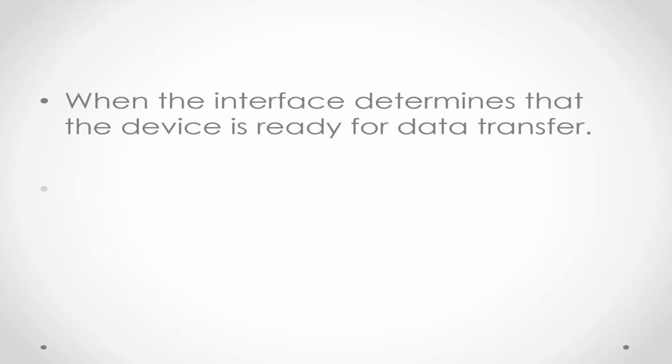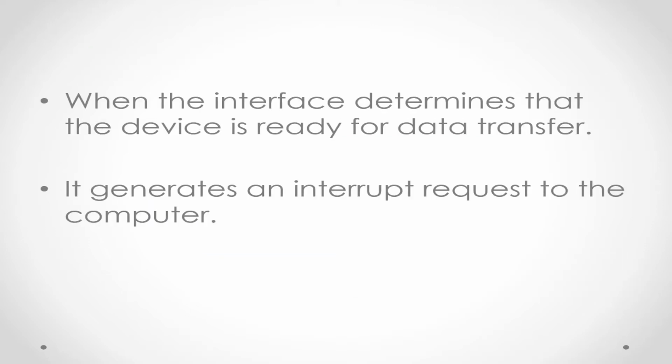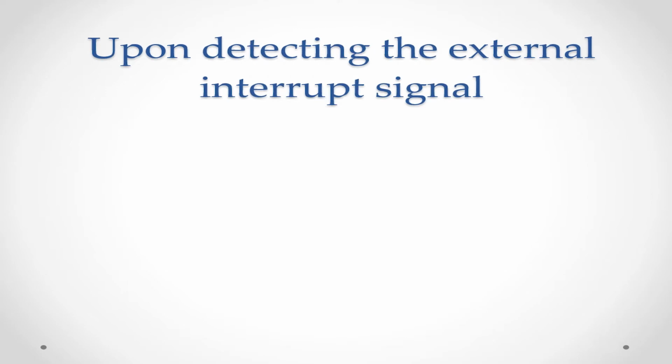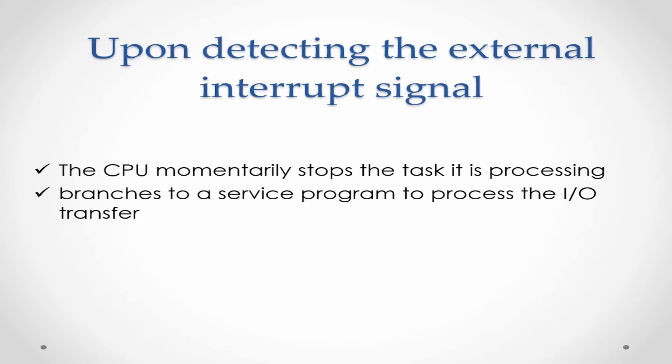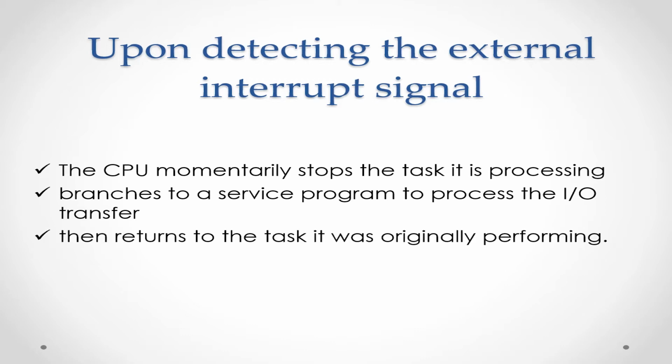When the interface determines that the device is ready for data transfer, it generates an interrupt request to the computer. Upon detecting the external interrupt signal, the CPU momentarily stops the task it is processing, branches to a service program to process the input-output transfer, and then returns to the task it was originally performing.